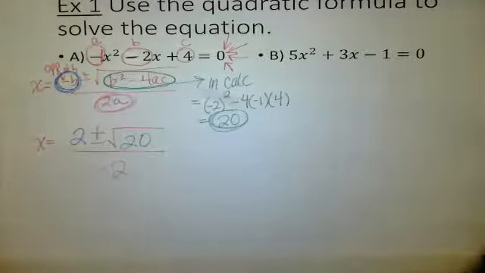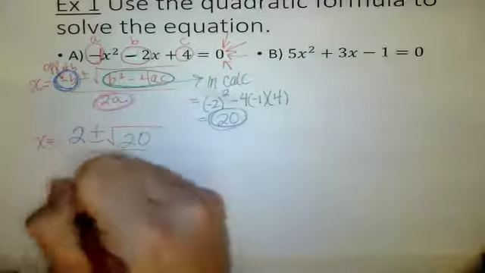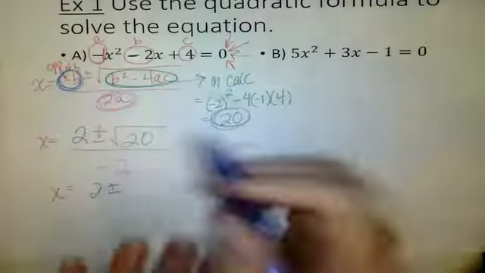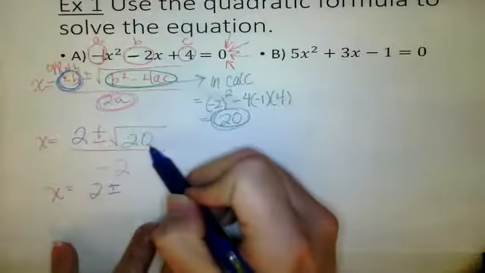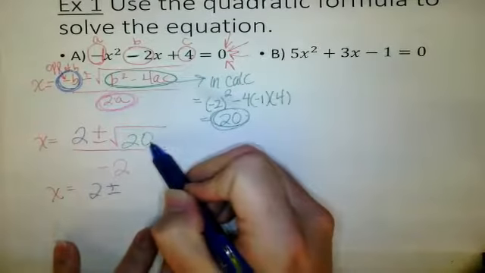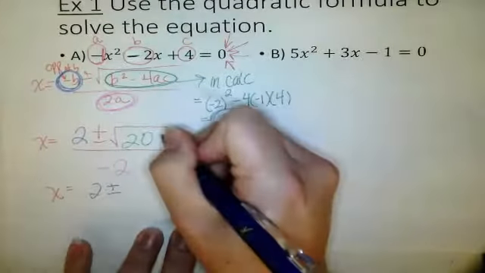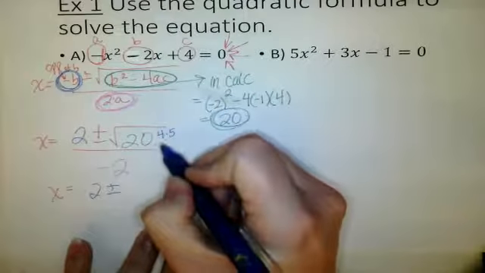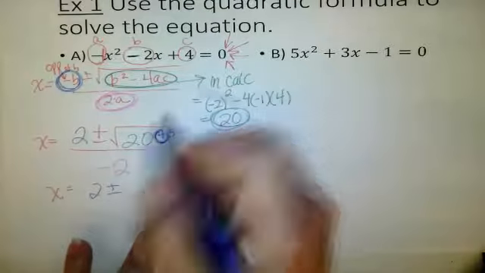So that's the bulk of it. The simplify is the step that most people mess up. So pay attention. To simplify, I have my 2 and my plus or minus. I need to simplify my radical 20. How can I break apart radical 20? 4 times 5. And so we can say, what's the square root of 4? 2.